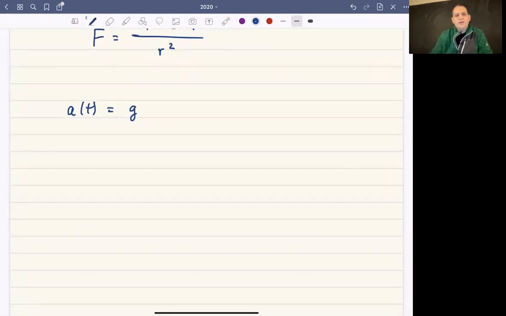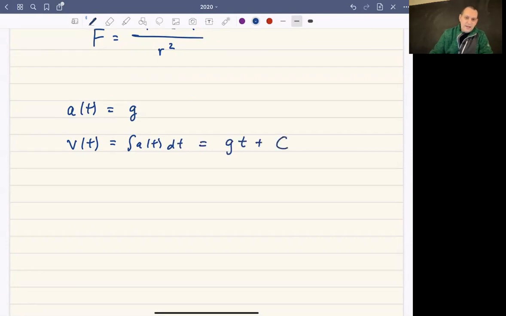And what we can do is derive, if we have constant acceleration, our velocity function and our position function. The velocity function is the antiderivative of a. Remember that we're thinking of all these as functions of t now. So the velocity is going to be the antiderivative of a with respect to t. And that'll just be, if g is a constant, gt plus some constant c. And it turns out that this constant c is going to be whatever the value of our velocity is at 0, in other words, our initial velocity.